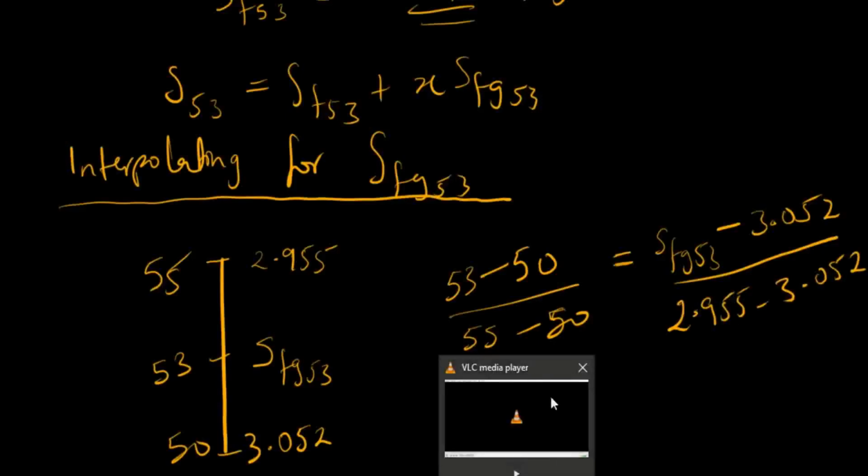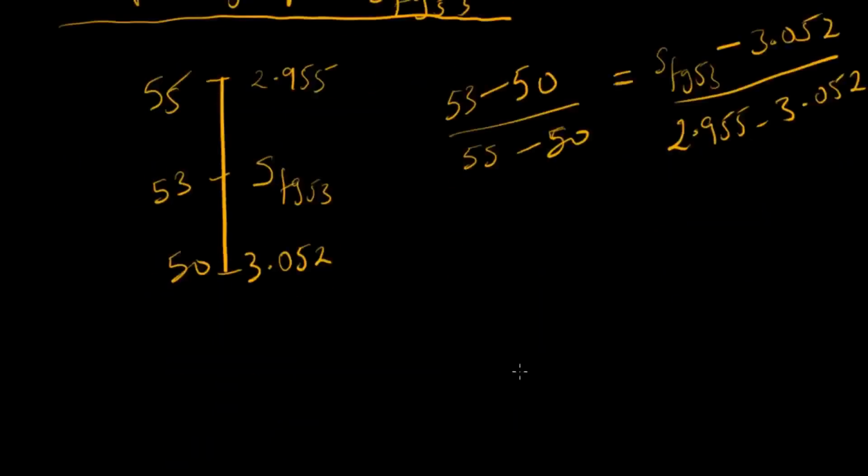So just like I did before, finally, doing the final calculation, we have that this is minus 0.0582 is equal to sfg53.